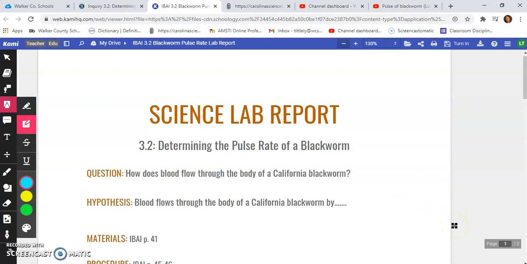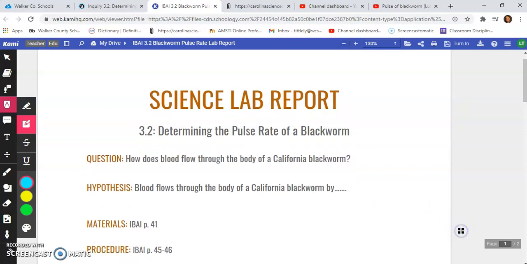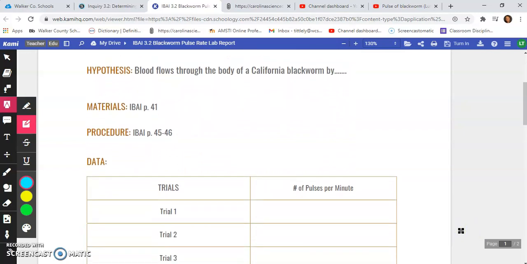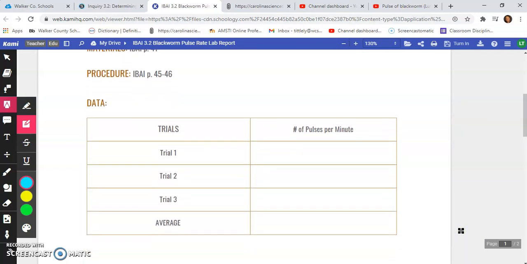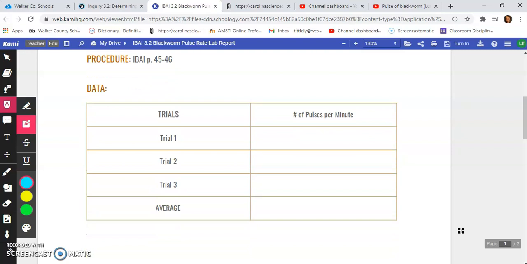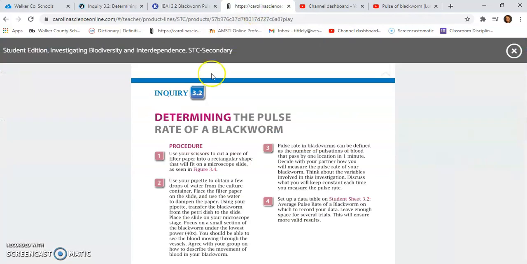Okay, our materials for this lab are found on page 41 in the book, and our procedures are found on pages 45 and 46. As you can see, we're going to be collecting some data. So let's flip over to the textbook and take a look at our procedures for Inquiry 3.2. Some of these procedures we will be skipping because they're already done for us.